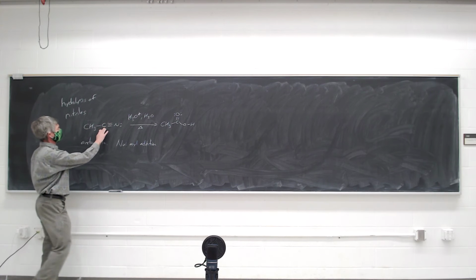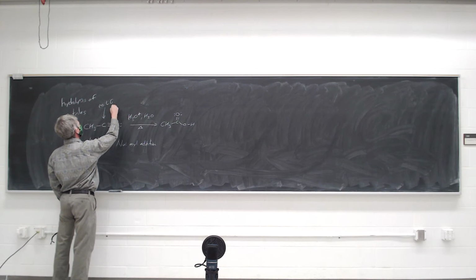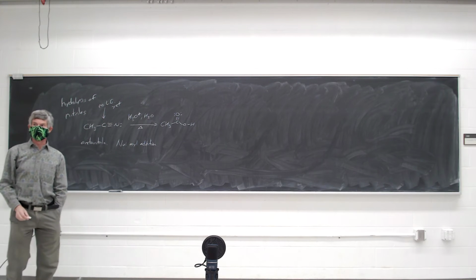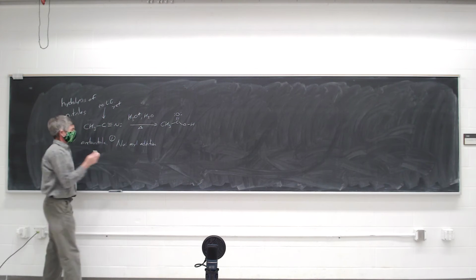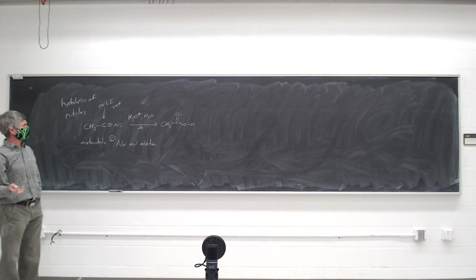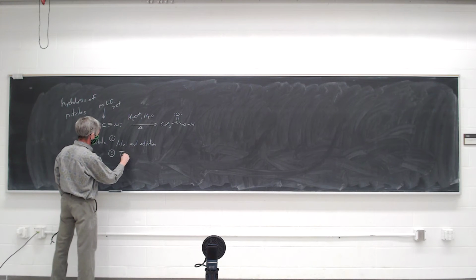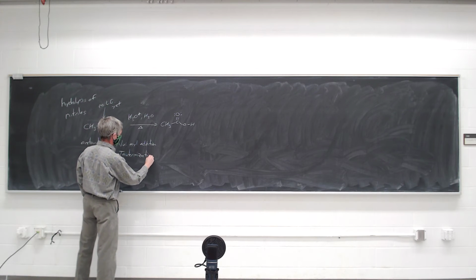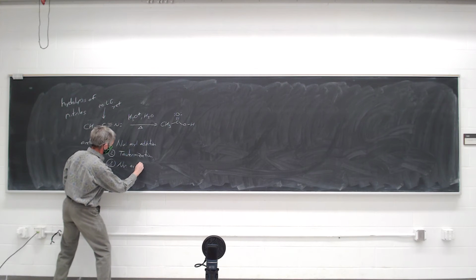There's no leaving group here, and it requires a leaving group attached to that carbon in order to do the nucleophilic acyl substitution. So the mechanism is going to be more steps. There's actually going to be a nucleophilic acyl addition first. Then there's going to be a tautomerization. And then there's going to be nucleophilic acyl substitution.